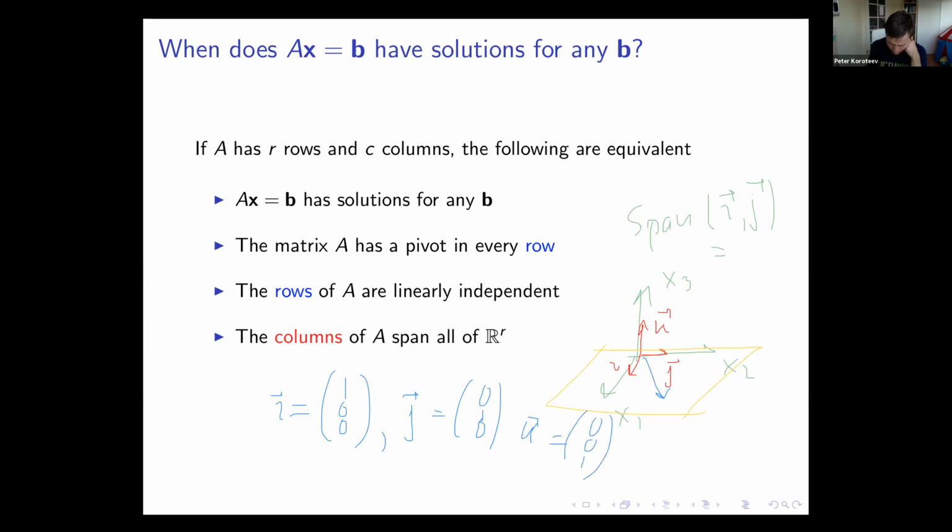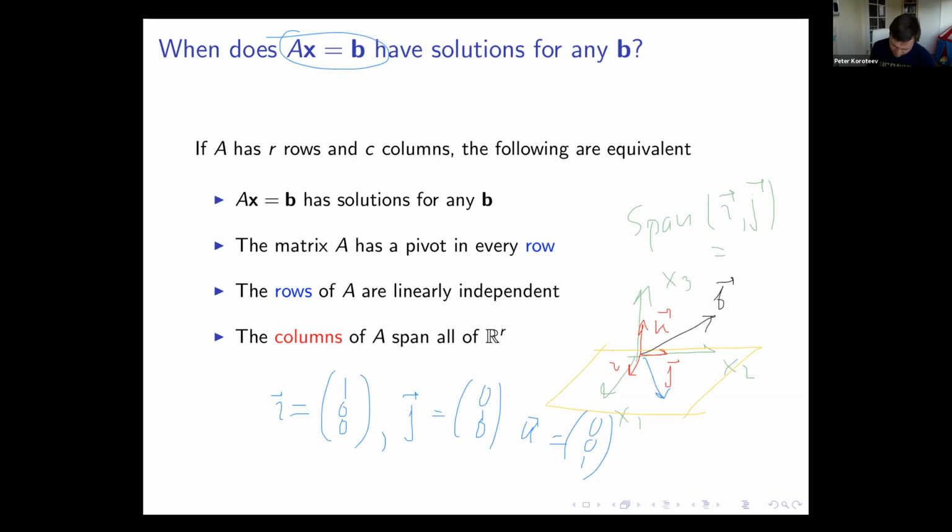Now let's reformulate the statement in terms of this. Say you have some vector b, an arbitrary vector in 3 dimensions. What's the meaning of this system of equations? The role of x will be the coefficients.